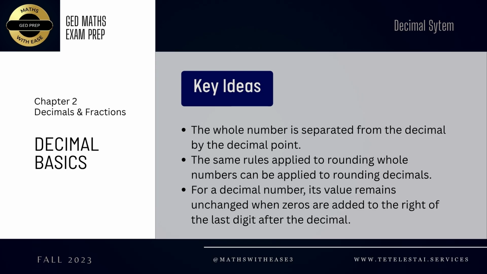So a decimal point is used to separate a whole number from its decimal parts. And so when you're rounding decimals, follow the same rules that apply to rounding whole numbers. So when you're dealing with a number, adding zeros to the right of the last digit after the decimal point does not change the value of the number in question.